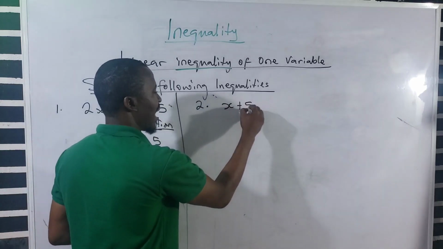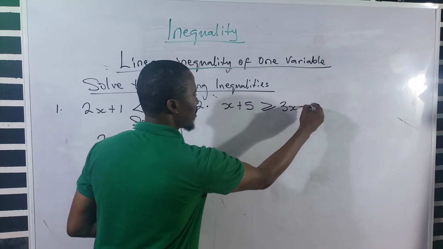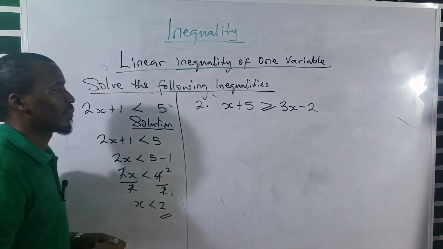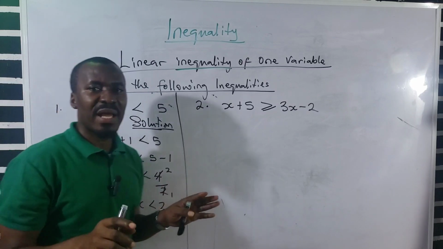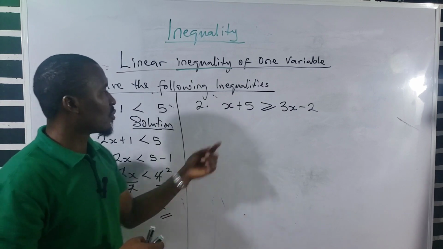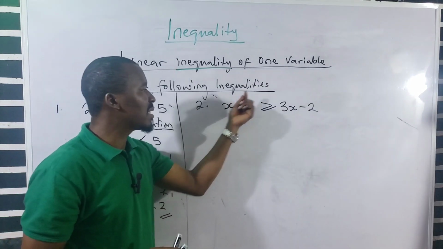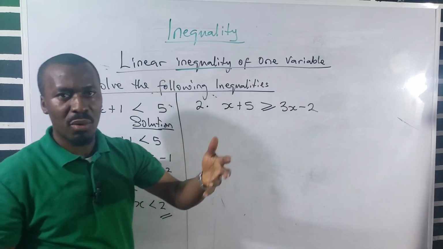x + 5 ≥ 3x - 2. I have a little advice I normally give to my students. I always tell them to move the x that is less to meet the x that is more.